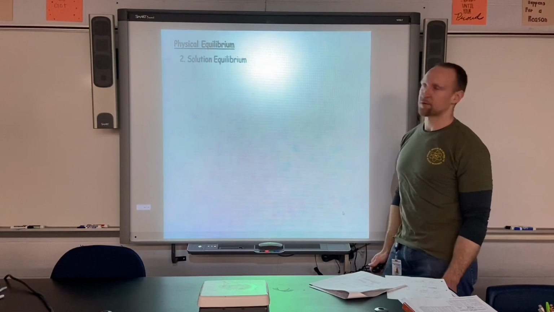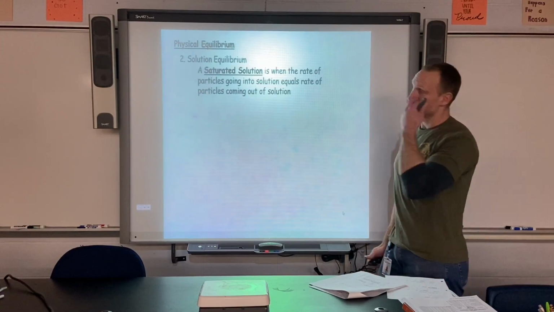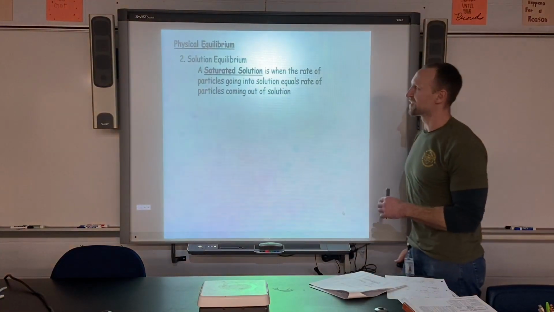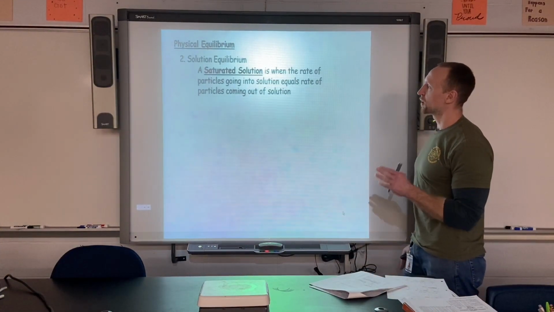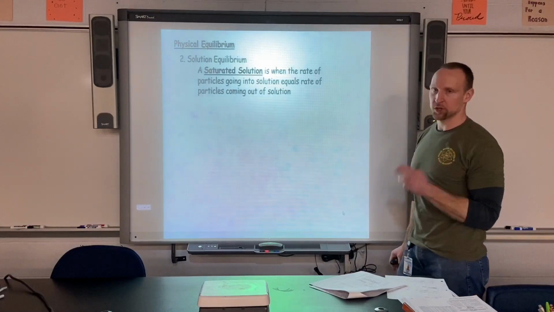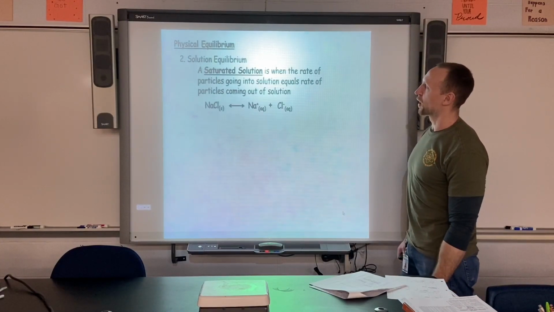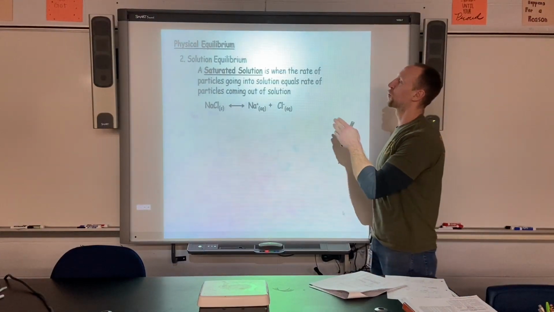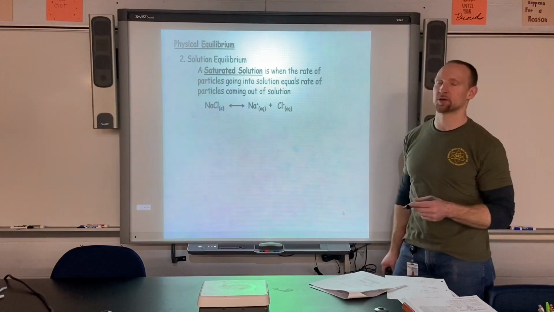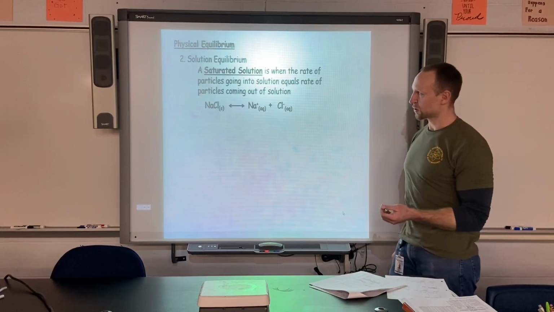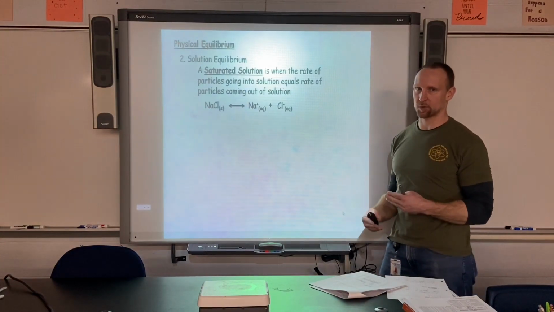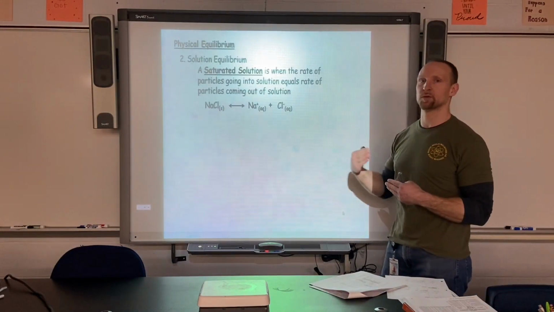So another type of physical equilibrium is a solution equilibrium. So all you really need to know is a saturated solution is the only time at which we're at equilibrium, right? So saturated solution is when the rate of particles going into solution equals the rate of particles coming out of solution. So that's what a saturated solution is, when the forward reaction equals the reverse reaction.